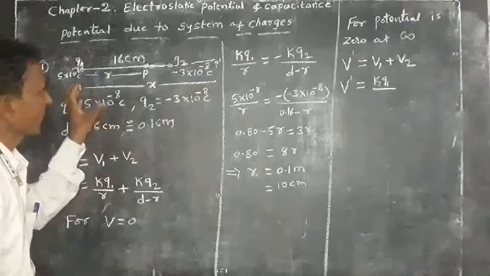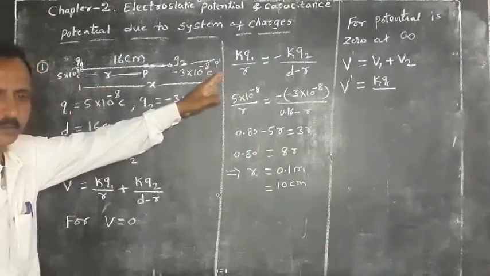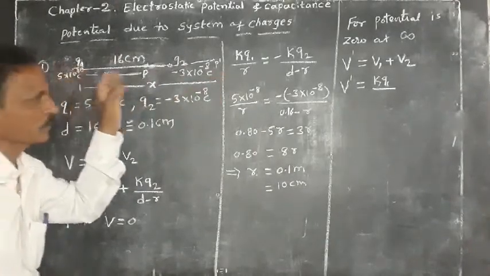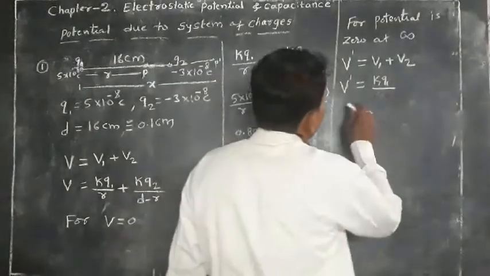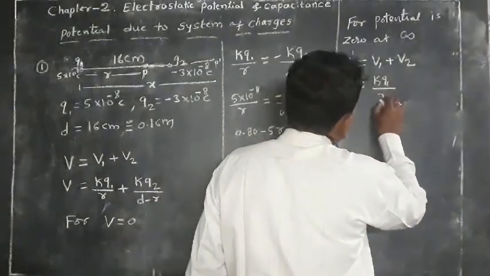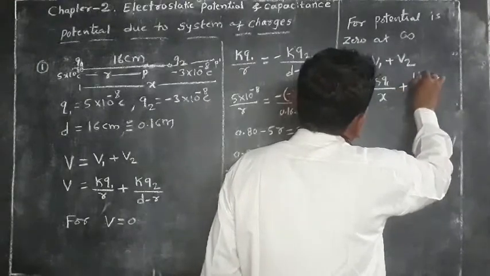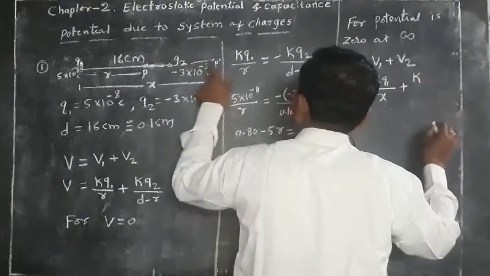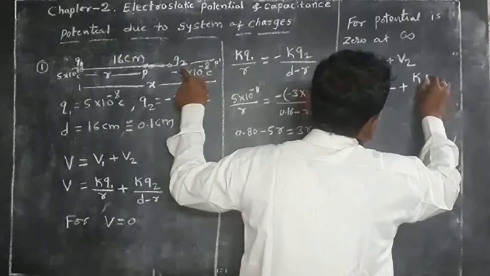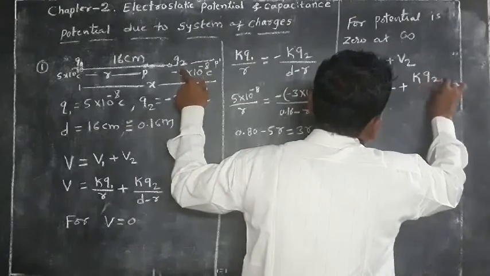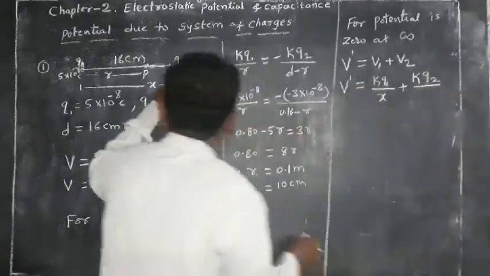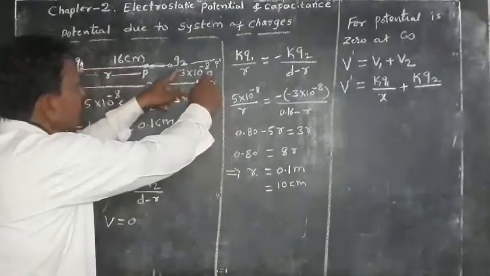We have assumed x be the distance of the point from Q1, that is x, plus the potential at P dash due to Q2, that is k into Q2 upon the distance of the point P dash from Q2.